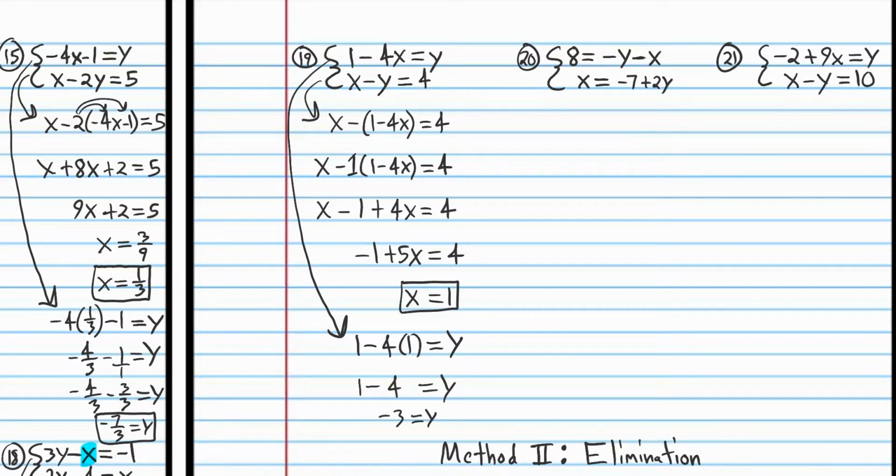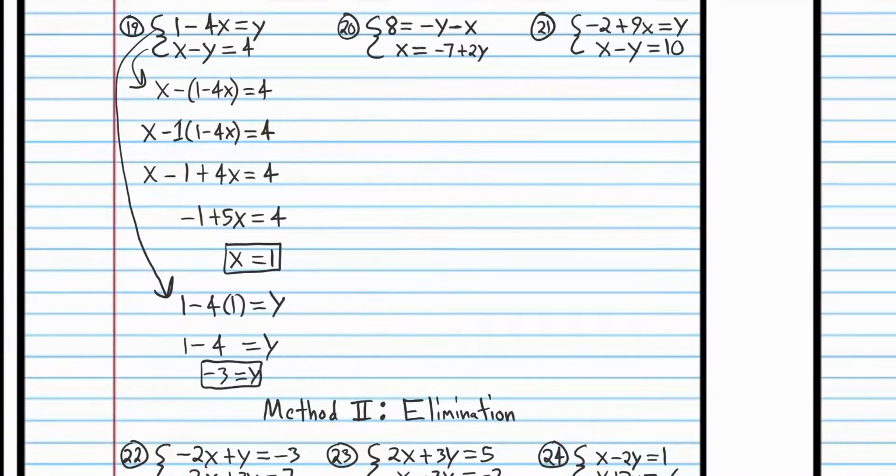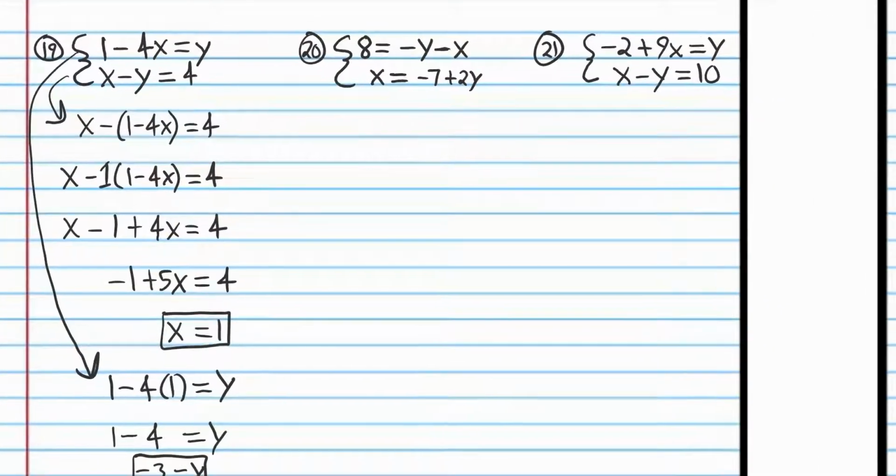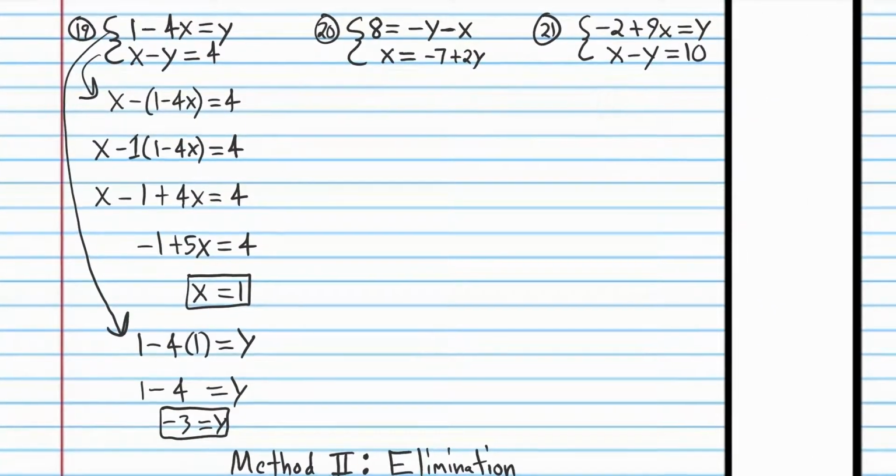And y is equal to -3. All right, so now it's time for you to try. Again, you can add that -1 if you want, but you don't really have to. So try number 20, and when you come back, we'll do it together.